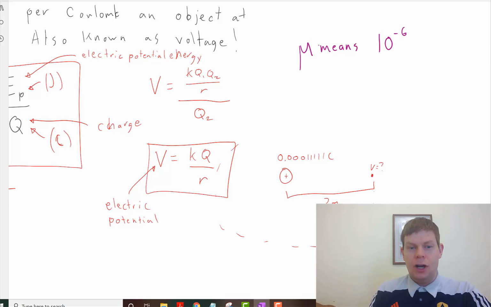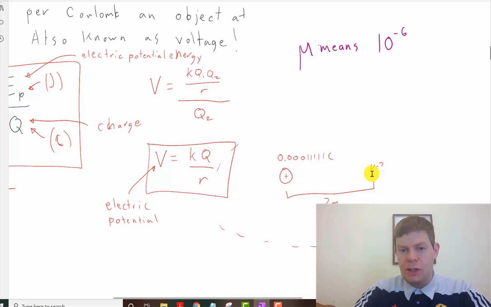If you want to find the electric potential at a point, you can just do KQ over R plus KQ over R for however many charges you've got creating a voltage at a point.